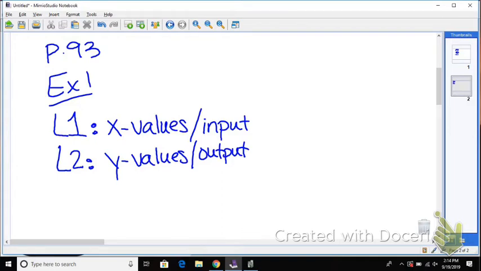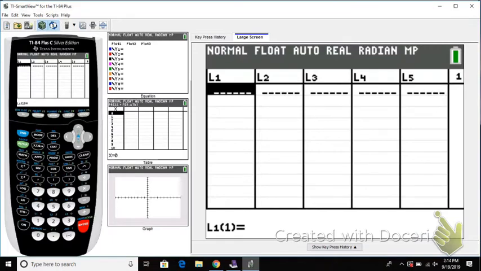So in this case, we're going to input temperature and bill. Is temperature going to go into L1 or L2? L1, because that's my input. My output is the bill, depending on what the temperature is. So I'm going back to my calculator, looking at example 1. You're going to put all the average temperatures in L1. So I'm going to do 61, enter, 58, enter, and so on.